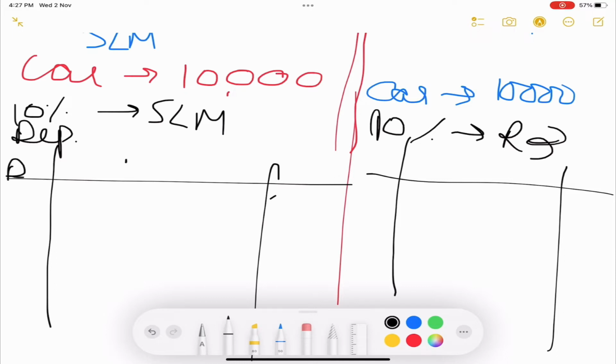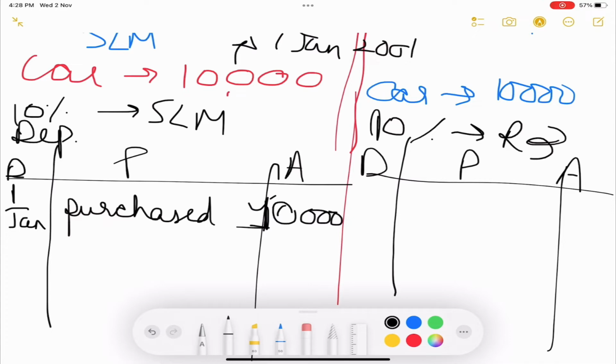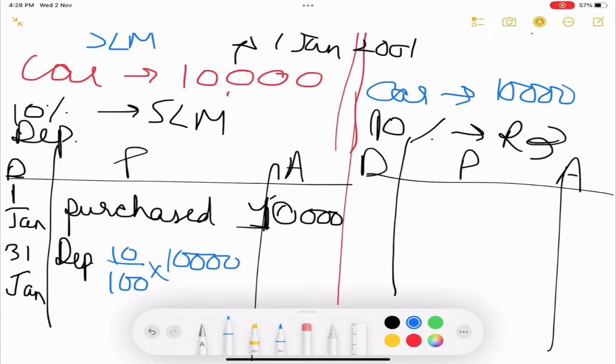You know that depreciation always takes place at the end of the year, which is 31st December, right? The year is from 1st Jan to 31st December. The depreciation always takes place on 31st December. So let's say on 1st Jan we purchase the car for 10,000, and on 31st December, what happened? On 31st December we have a depreciation, 10% depreciation. So what is 10% of 10,000? That is 1,000.